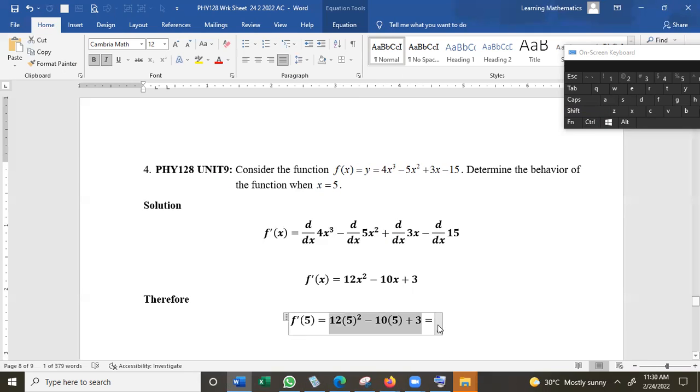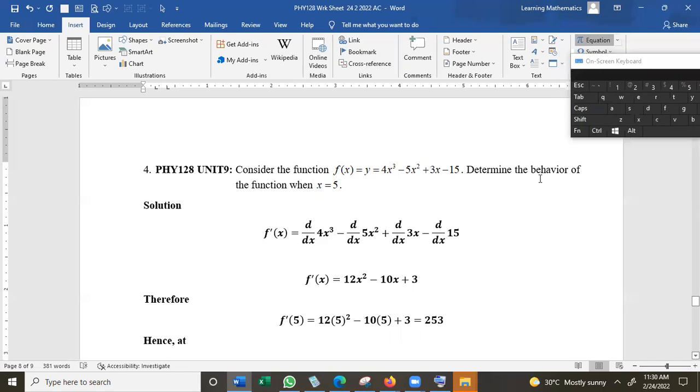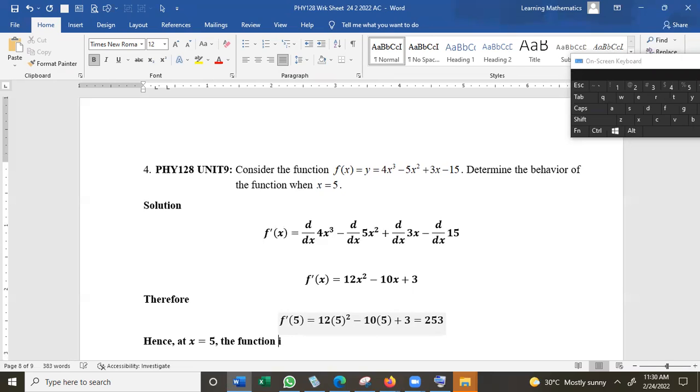That gives 253. Hence, at x equal to 5, the function is increasing at a rate of 253 with each unit increase of x.